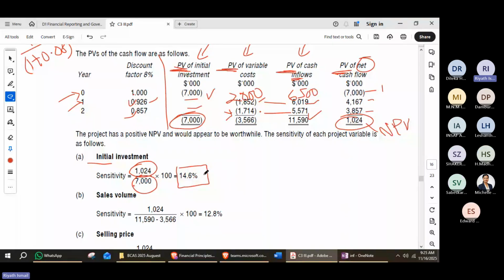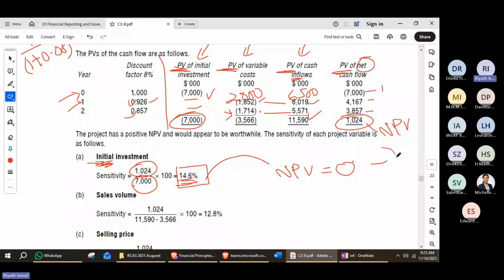What does it mean? When the initial investment increases by 14.6%, NPV becomes 0.